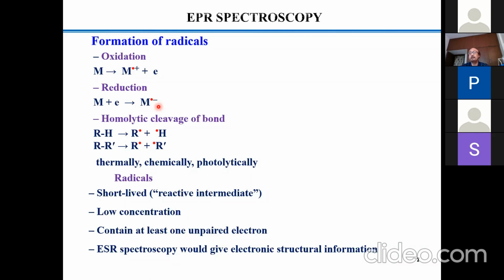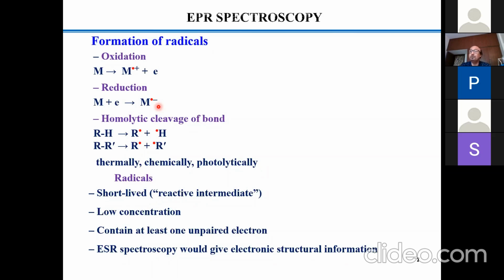Those who are very much interested in organic chemistry will see that in reactions, either catalytic or non-catalytic, you will have either a nucleophilic pathway or a radical pathway. Now, how to differentiate whether it is passing through a radical pathway or a non-radical pathway?